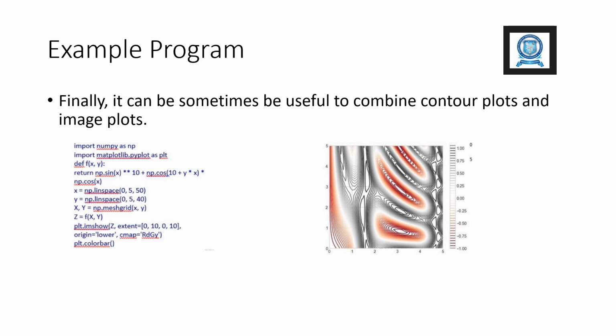Here is an example program. Here plt.imshow extent is specified, origin is specified as lower, cmap color map is specified as RdGy, and the plt.colorbar function is called in the program. The output for this given program is shown on the right side of the slide.